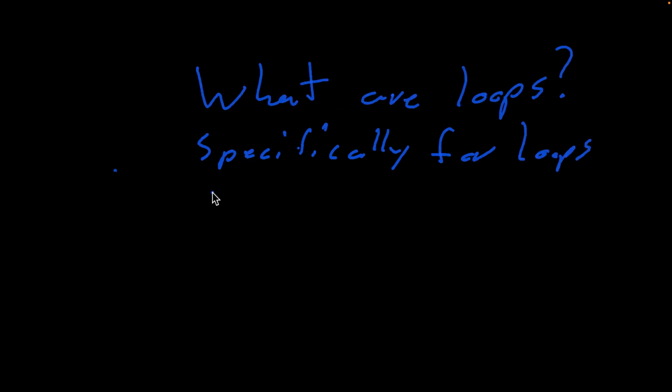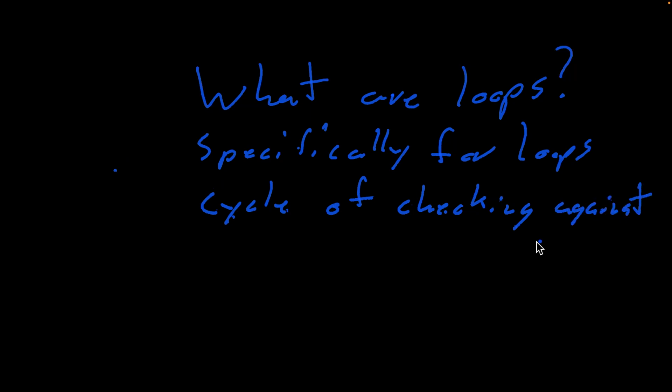It's a cycle of checking against values. So what do we mean by this? Let's draw a for loop now. So I'm going to go ahead and do that for you guys.